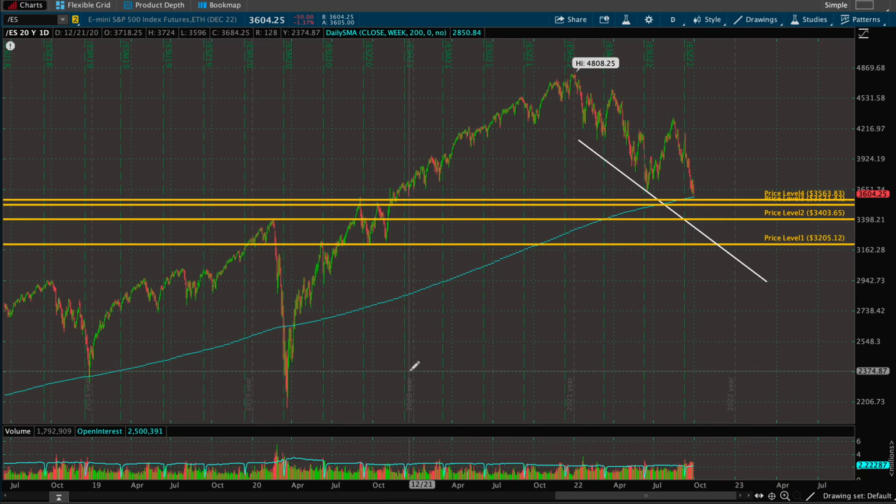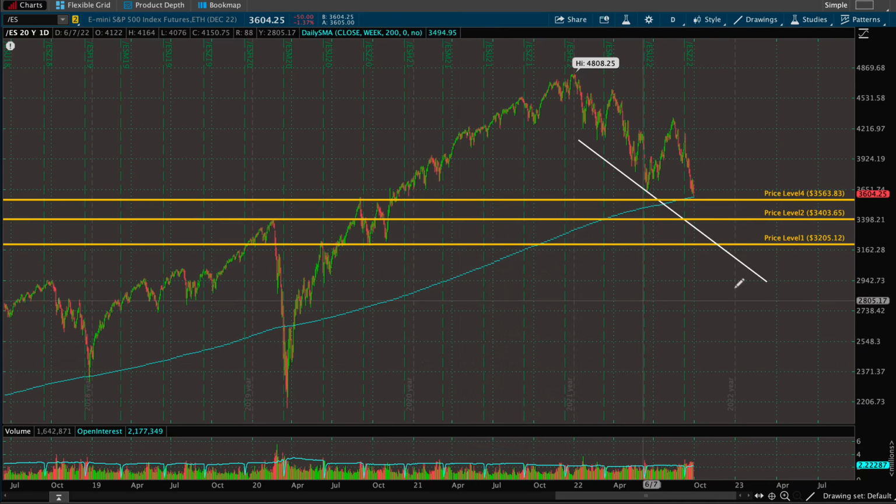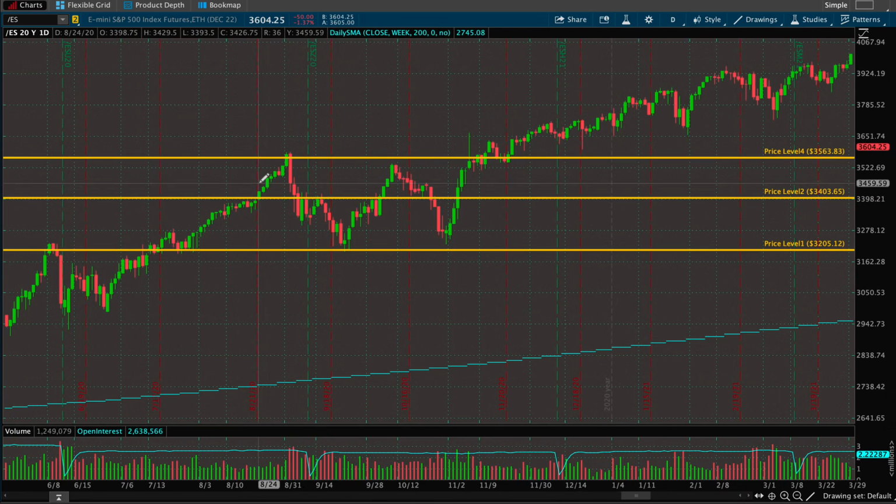Remove the other one. That now gives us quite a few levels there. So it was the 200-day weekly average. 3563 is on the top of that bullish W pattern, and on a daily basis it is very close to where it sold off.